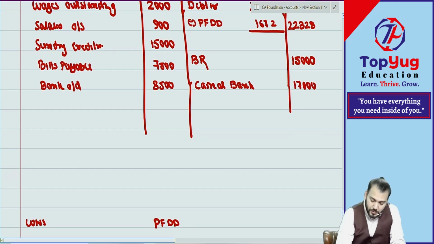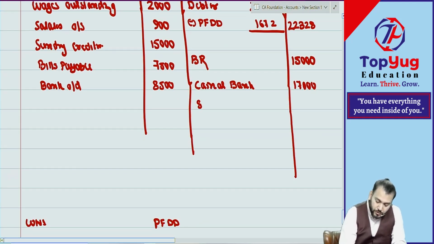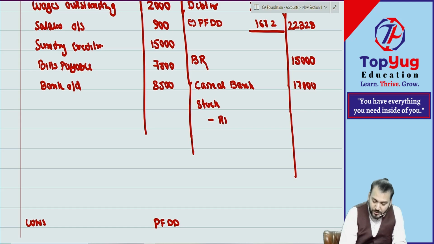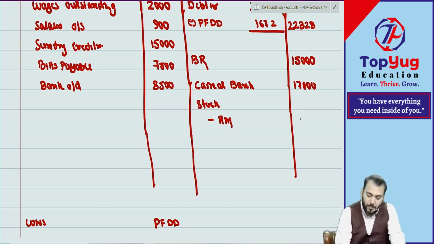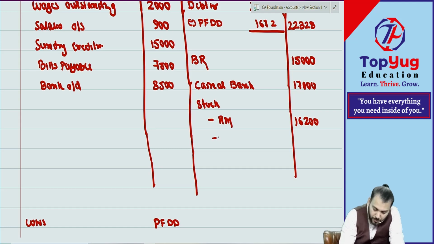Balance sheet. Write down stock of raw material, how much? Stock of raw material, WIP, finished goods, 18,000.